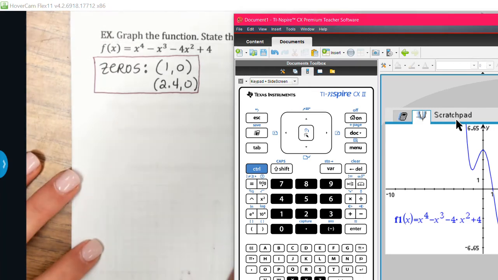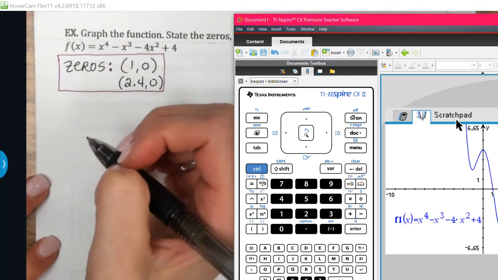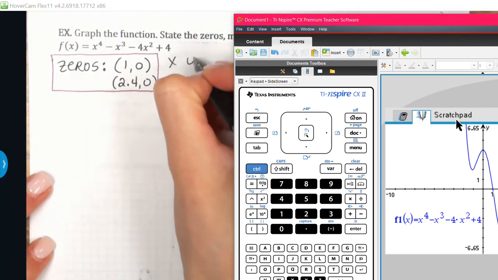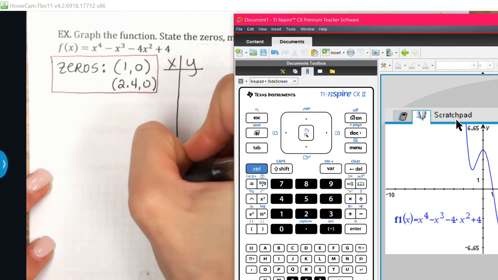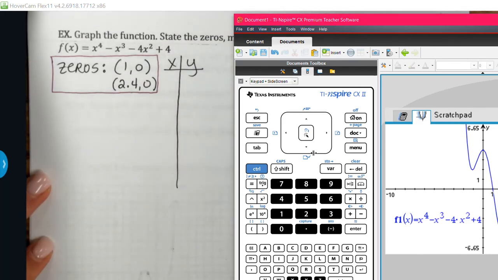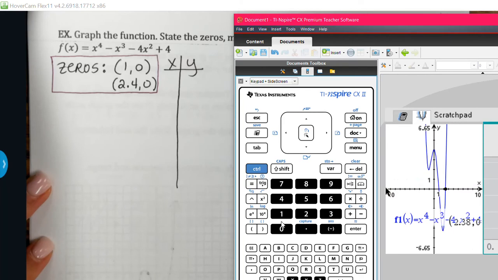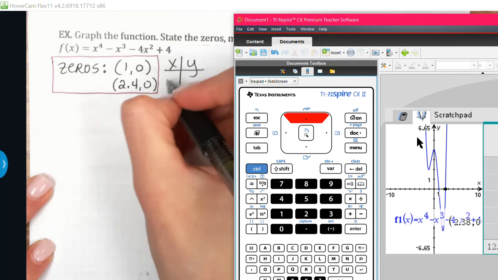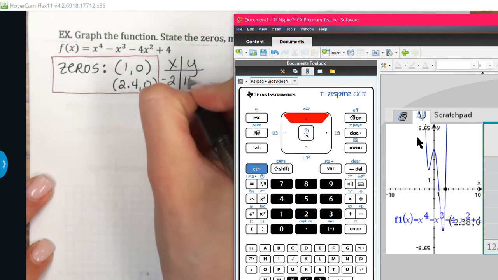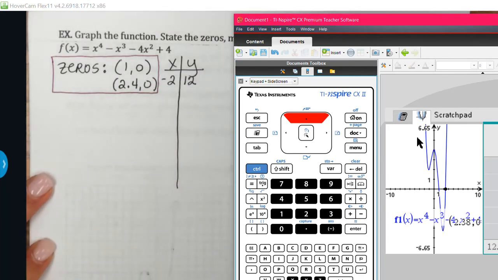Then I'm going to build my table. Okay. So if I do Control T, I'm going to go, if I can look negative 2, 12, I'm going to go ahead and include that this time because of what the graph looks like.